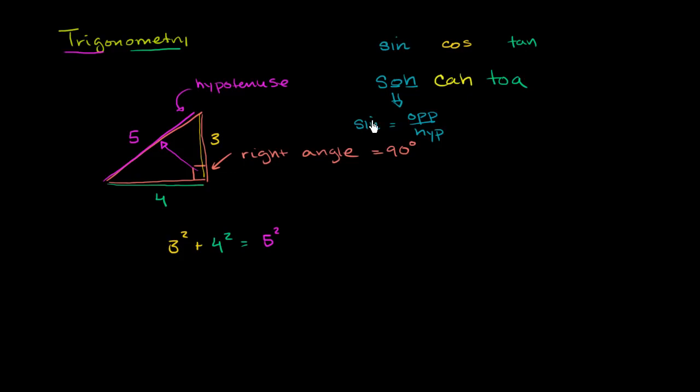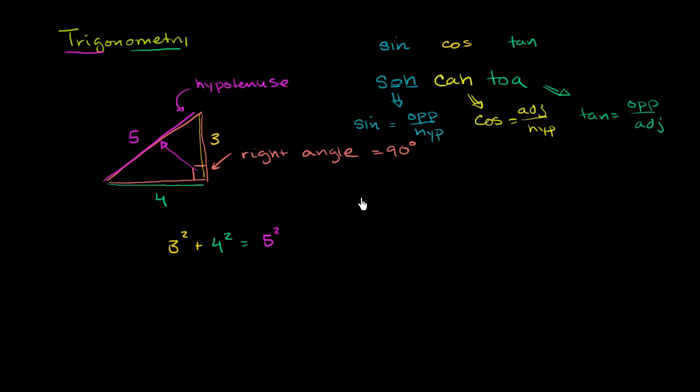I'll go into a little bit more detail in a second. Cosine is equal to adjacent over hypotenuse. And then finally you have tangent. Tangent is equal to opposite over adjacent.